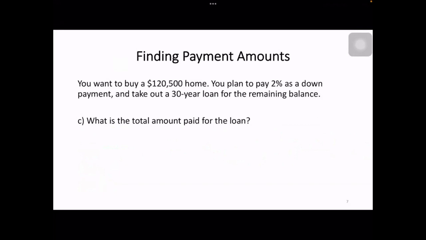So how much did we pay in total? I'll give you 1 minute to get the answer. This is an easy one. If you get an answer, would you please put it in the chat box? Thank you so much.